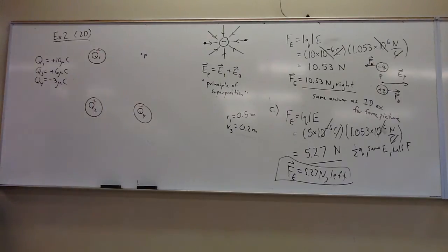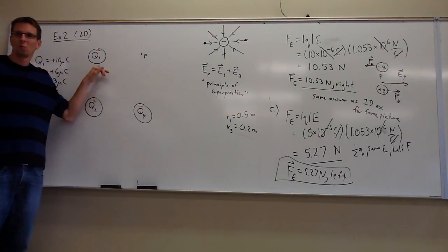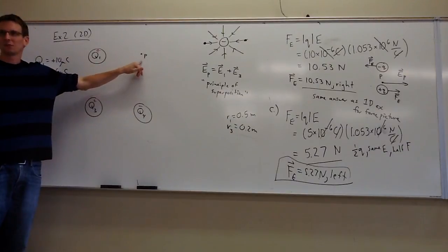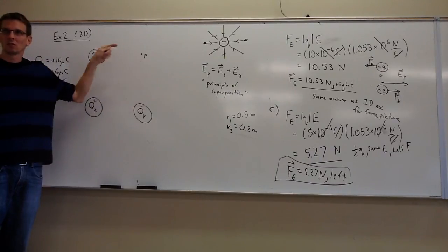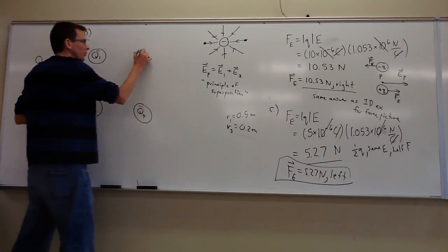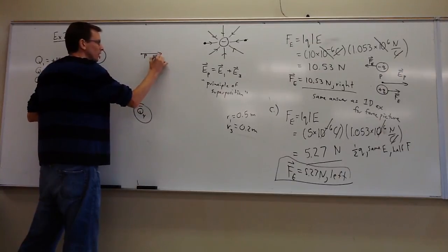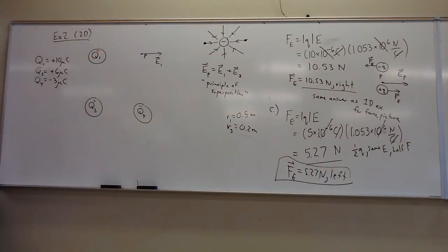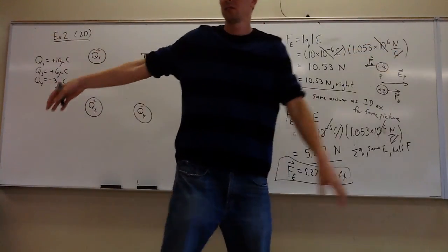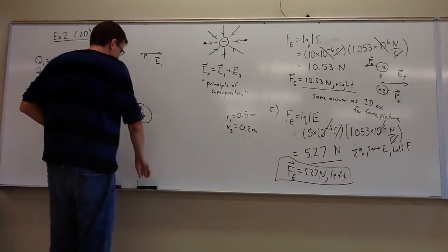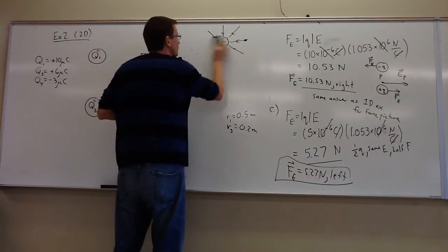All right, let's start with Q1. What is going to be the direction of the electric field contributed by Q1 at point P? To the right. Okay, so for those of you that didn't see that, let's make sure you do. So remember that a positive charge contributes radially away in every direction. Okay, so if you want, you can draw it off to the side here.